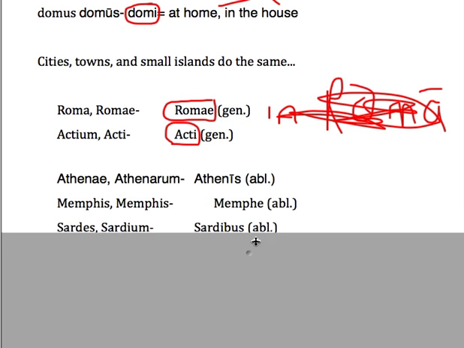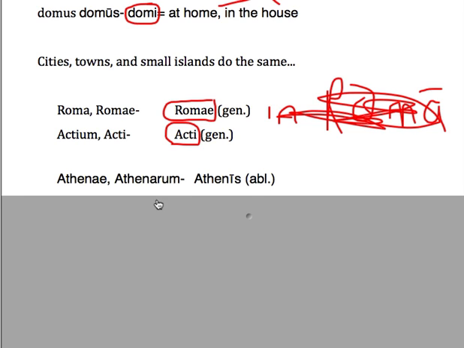What if they had a place noun that followed a first declension pattern, but first declension plural, like Athenae, Athens? Notice this word is plural in Latin, just like it's plural in English. Athens. You hear the S. So this is first declension plural pattern.